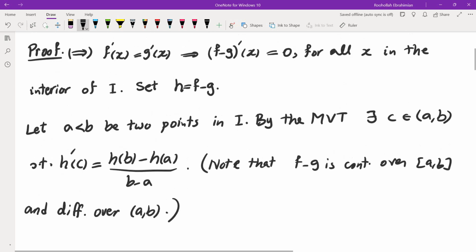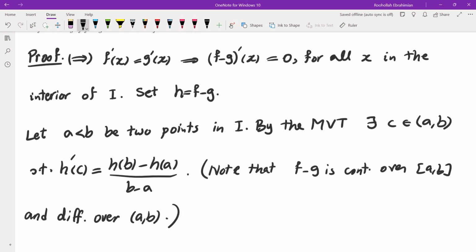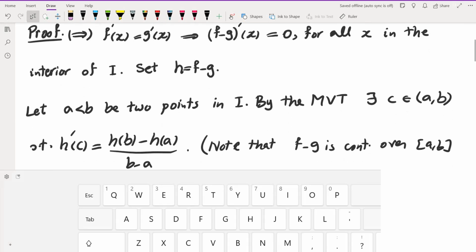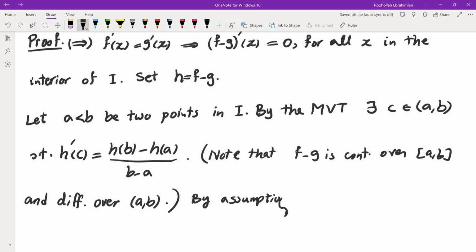Now, on the other hand, we know h prime is 0 by assumption. h prime of c is equal to 0, which means h of b equals h of a.